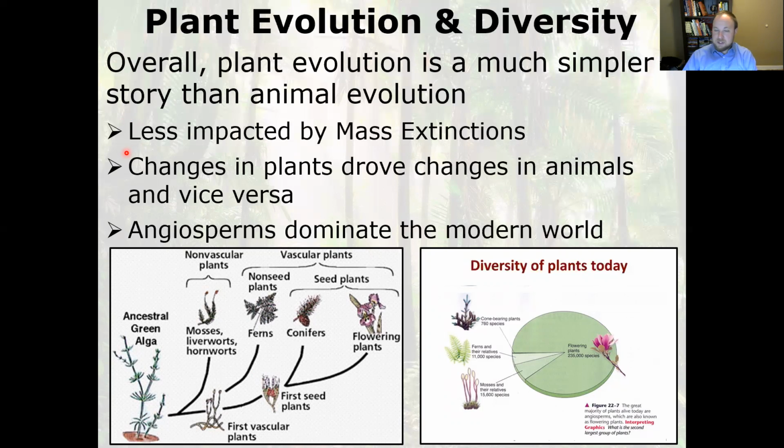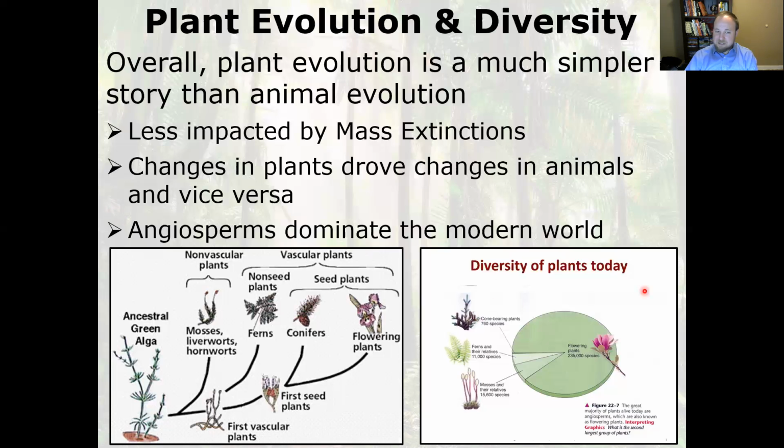Changes in animals, the plants had to respond. So there was always this arms race between the two. And one result is that the angiosperms, the very quick reproducing, very versatile, very abundant angiosperms, dominate the modern world, probably because they're best accustomed to compete with the large herbivores that are pretty common now.